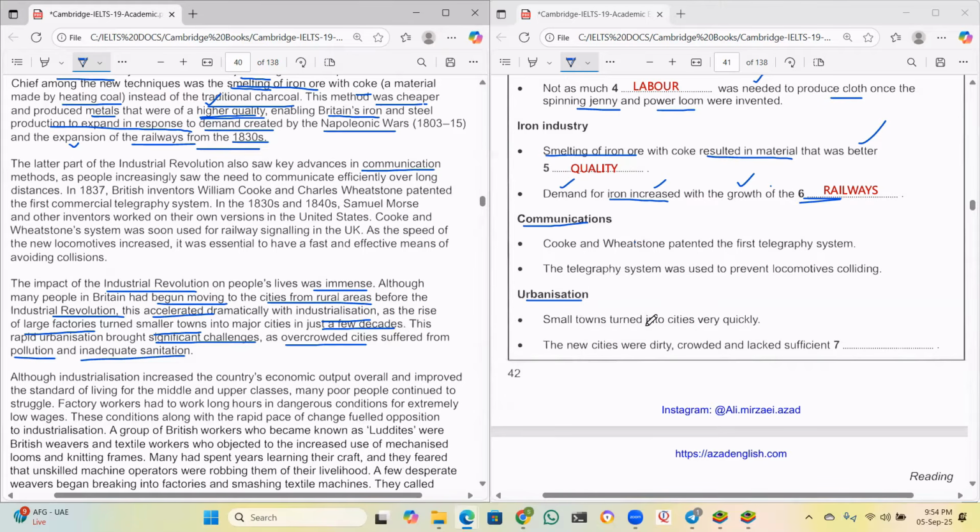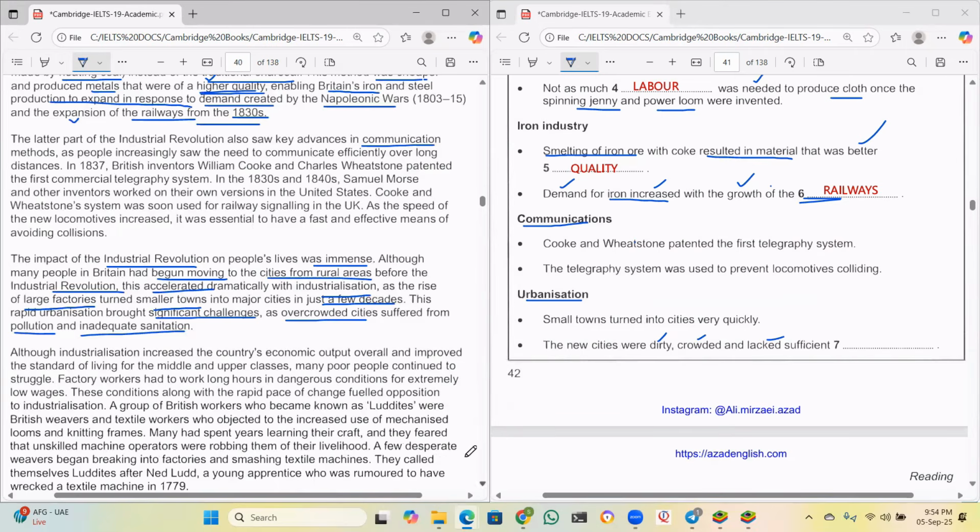Urbanization. Small towns turned into cities very quickly. New cities were dirty, crowded, and lacked sufficient dash. We read here about crowded, right? This urbanization brought significant changes. Overcrowded cities, so crowded is matching. Suffered from pollution, so dirty is matching.